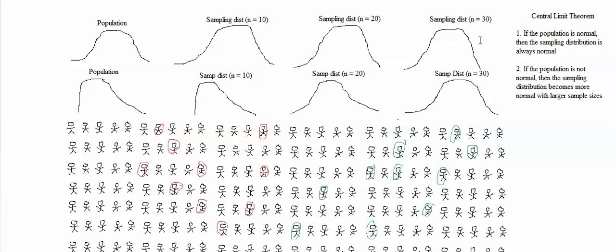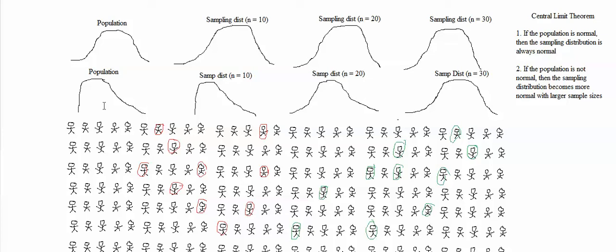when you're selecting a sample of 30 people from a population, the possible samples that you're drawing from follow a shape that is at least roughly normal, regardless of whether the population is normal or if the population is skewed. What I actually said was that if the population is normal, the sampling distribution will be normal.